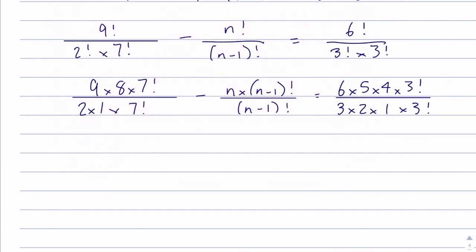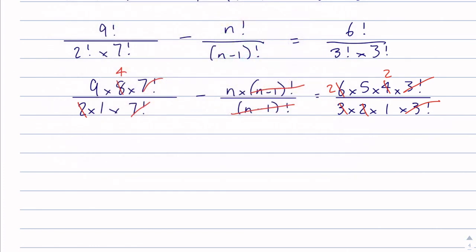Now let's start simplifying. I'm going to do it in red, wherever we can. 7 factorial, 7 factorial. n minus 1 factorial, n minus 1 factorial. 3 factorial, 3 factorial. 2, 4. 3, 6. 2, 4.